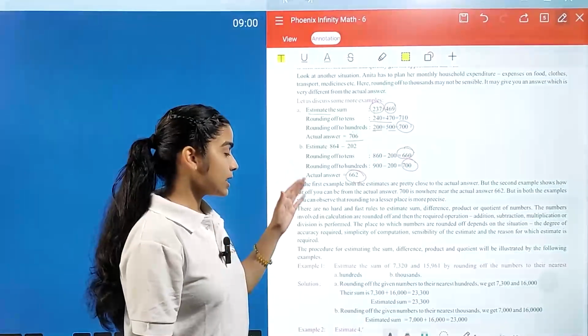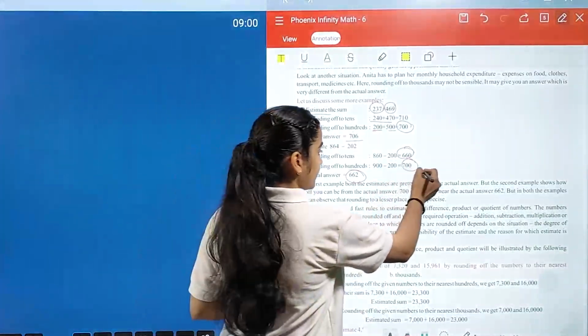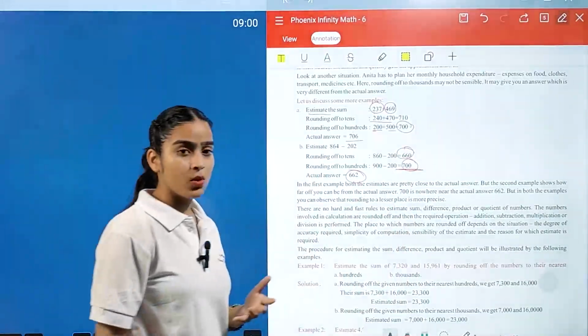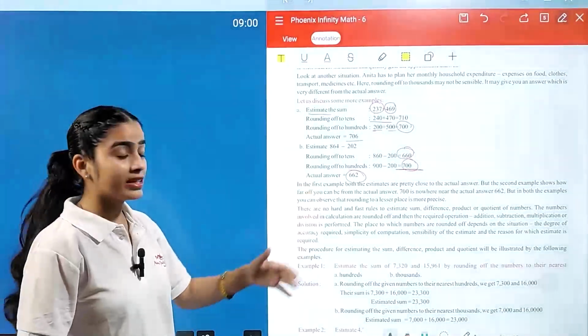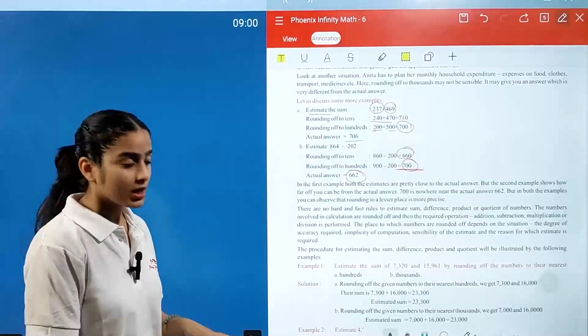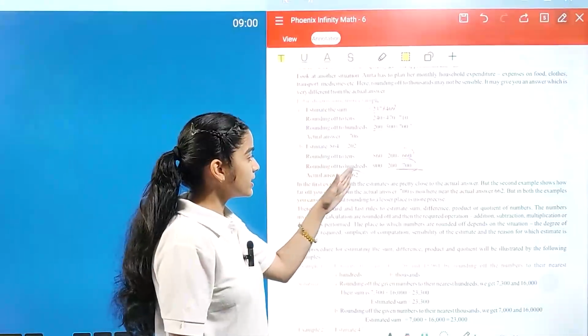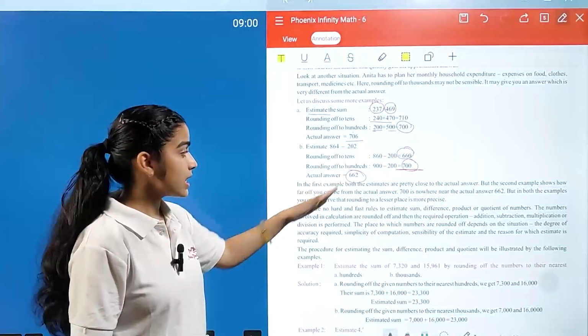But suppose a second manager takes a round of this, 900 minus 200, rounded off towards the 100. So what will happen? 700 is so far away from 662, whereas manager A estimates according to tens and gets 660. It means that it's closer to 662.